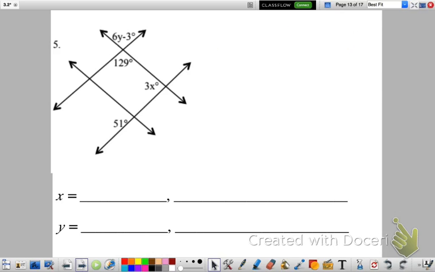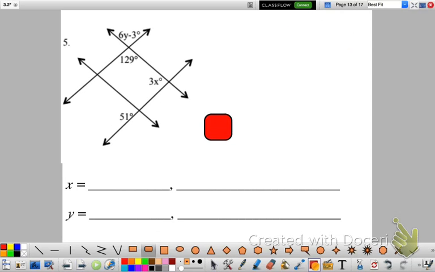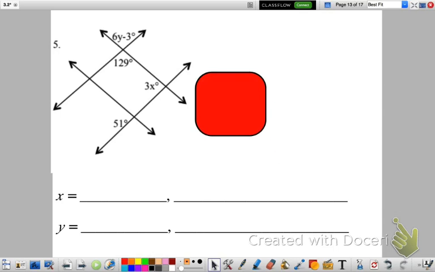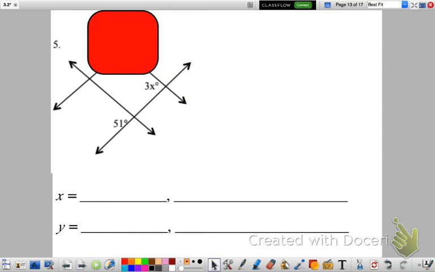Okay, welcome back. So, number 5, you may need to do this again. If so, go ahead and pause, and when you come back, I will cover the first part. Okay, welcome back. We will cover this part and go ahead and pause and work through.